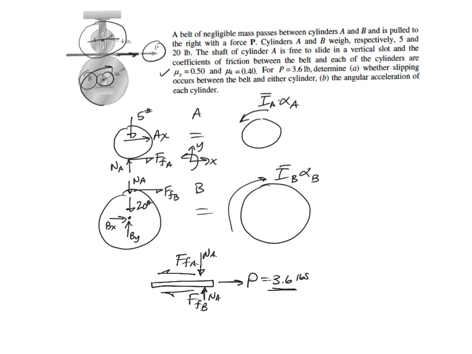And so what we've got now is our FBD KDs. What we'll end up doing is assuming no slip.